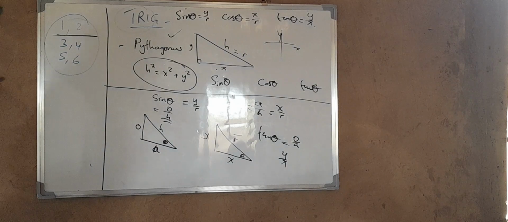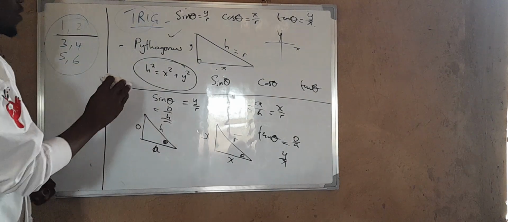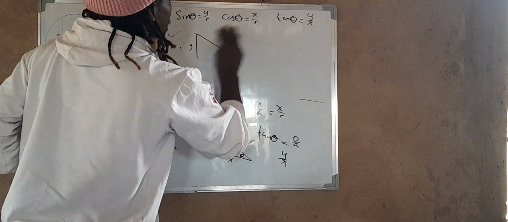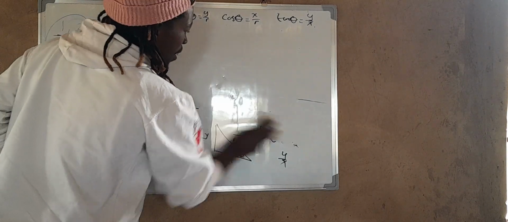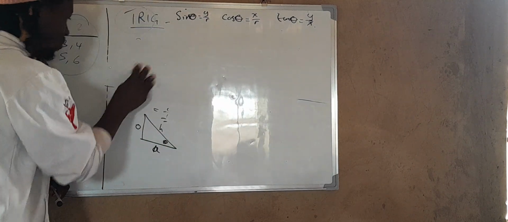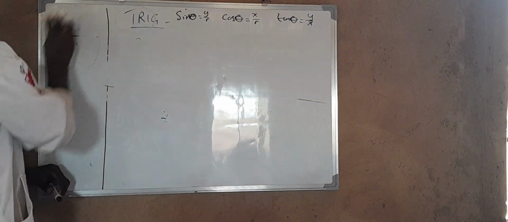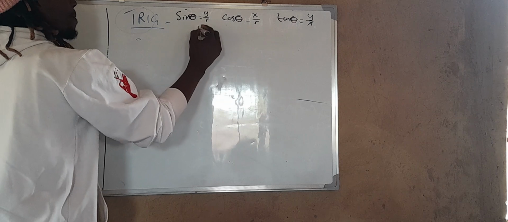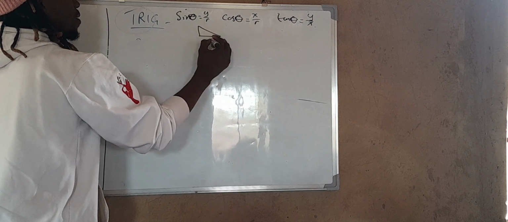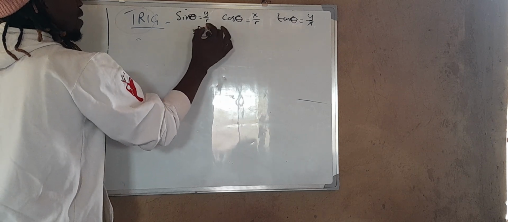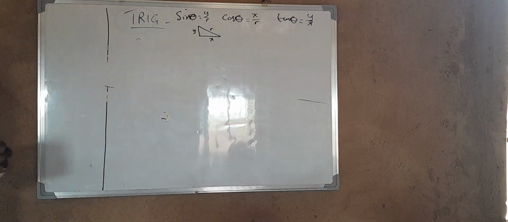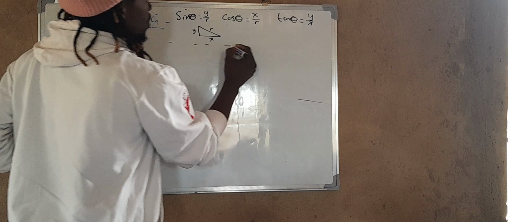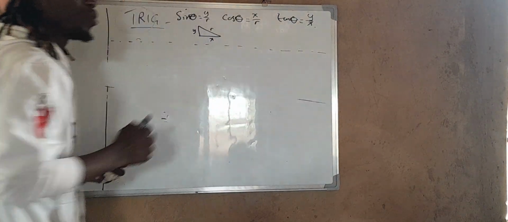So here, what am I talking about? If we are having our shape like this, and we say this is x, this is y, and this is r, that's what we are talking about. Okay, so this is the second tool that I can give you.